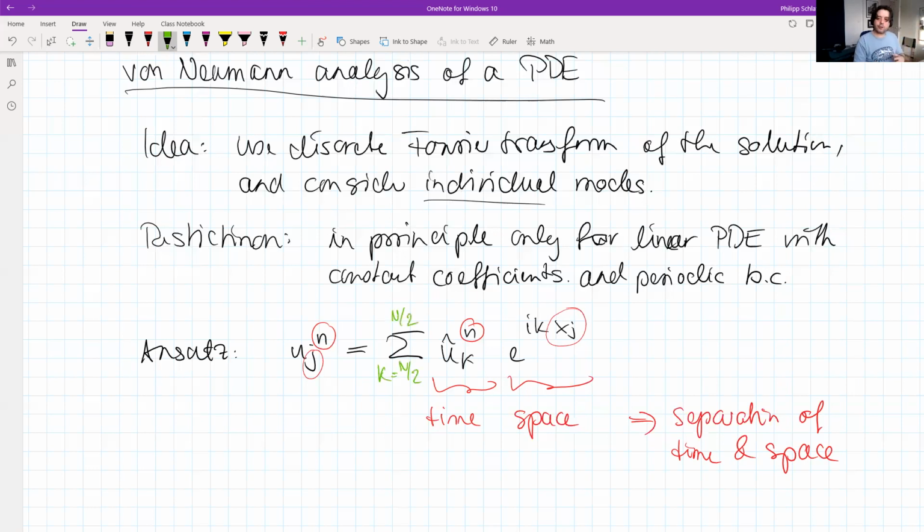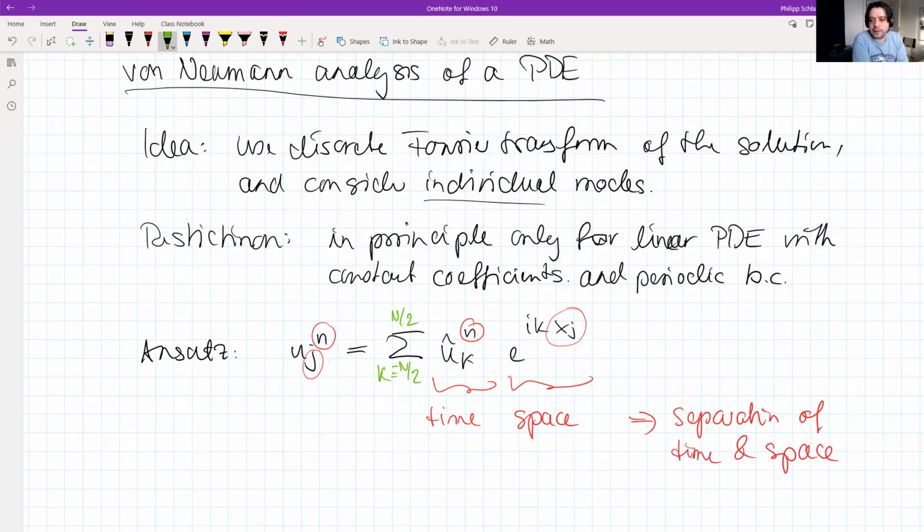And typically, if I think of a domain being discretized into N points, my wave numbers are from minus N divided by 2 to N divided by 2. So I have essentially N complex Fourier modes. Now, of course, you see that there's a slight mismatch because I also have the zero mode, so it's actually N plus 1.